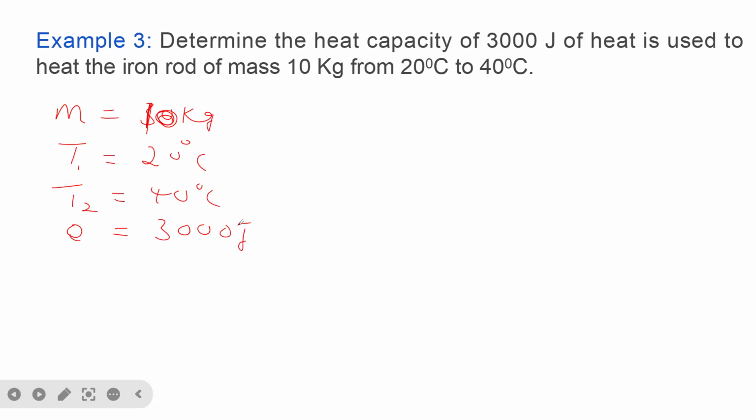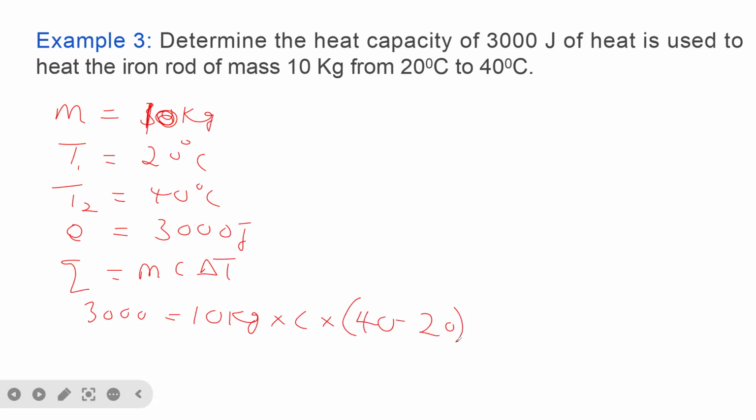So what do we do now? We take the formula Q is equal to MC delta theta. The Q here is already given as 3,000, and the mass is 10 kg, times C, which is unknown, times the change in temperature, which is 40 minus 20. At the end, we are going to make C the subject of the formula.